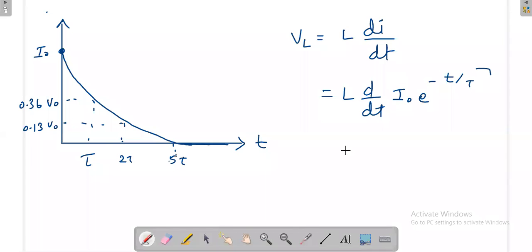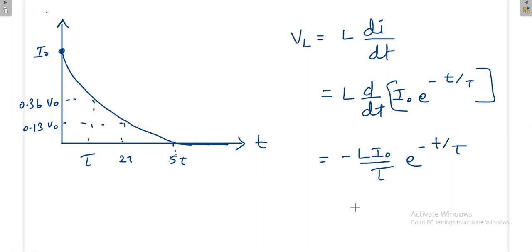If you differentiate this, you will get minus L I naught by tau e power minus t by tau. Then tau you can replace with L by R, then L cancels, R goes up. Finally this is minus I naught R e power minus t by tau.